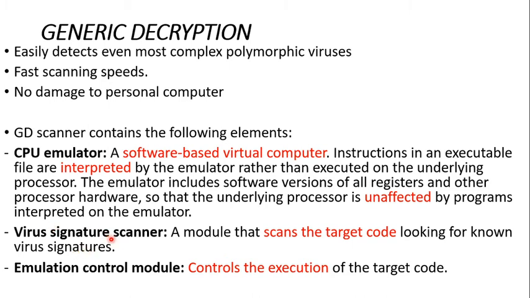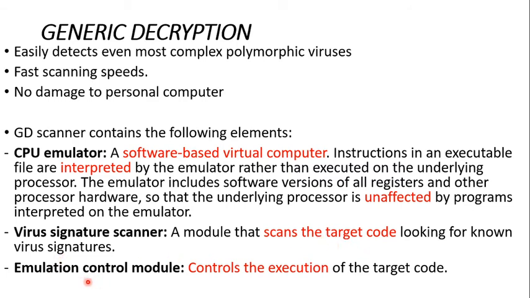The scanner has a list of viruses with a list of their signatures, and you verify your target file against it. If the target file has a signature belonging to any one of the signatures it maintains, it concludes that the target file is affected with the virus. The last one is emulation control.